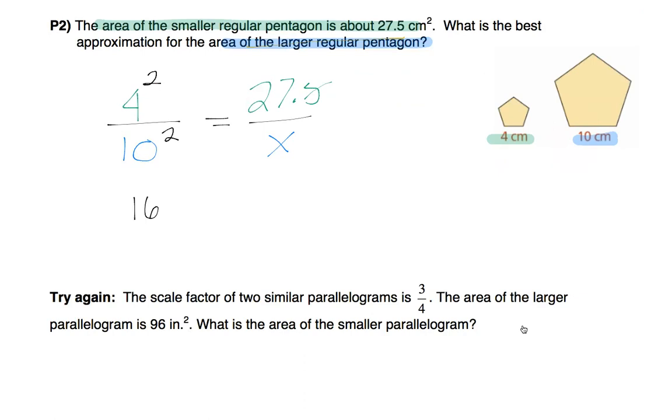So this is 16 over 100 equals 27.5 over x.